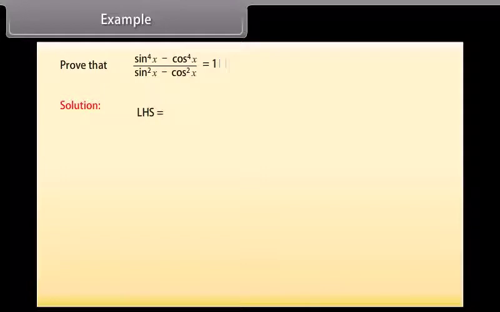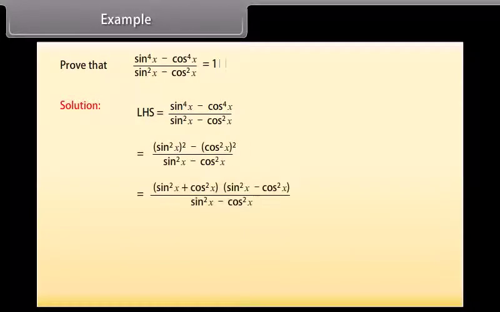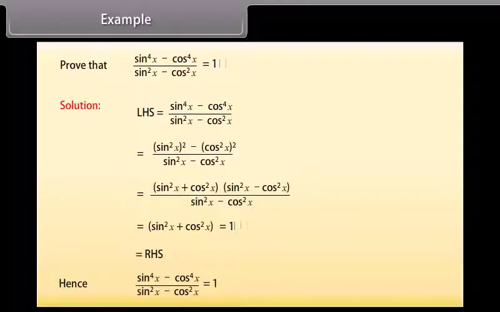On solving the left-hand side, which is (sin raised to the power 4x minus cos raised to the power 4x) whole upon (sin square x minus cos square x), we get 1. And this is equal to right-hand side. Hence, (sin raised to the power 4x minus cos raised to the power 4x) whole upon (sin square x minus cos square x) is equal to 1.